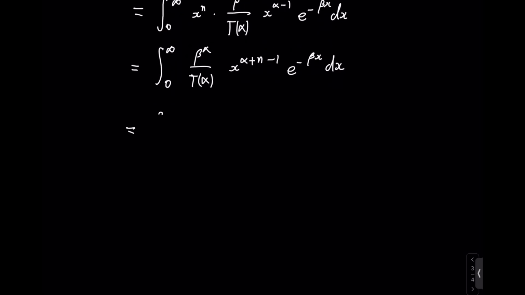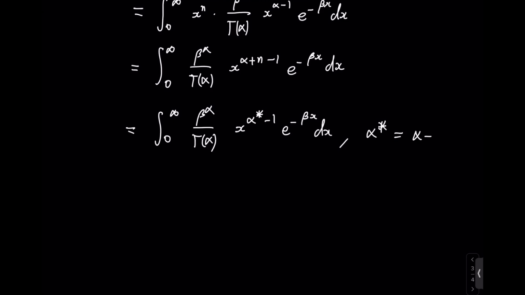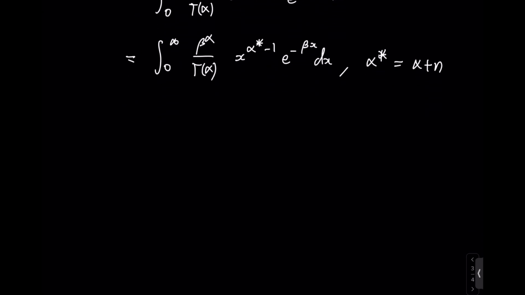Again, we're going to relabel this as x to the alpha star minus 1 e to the negative beta x dx, where alpha star is equal to alpha plus n.